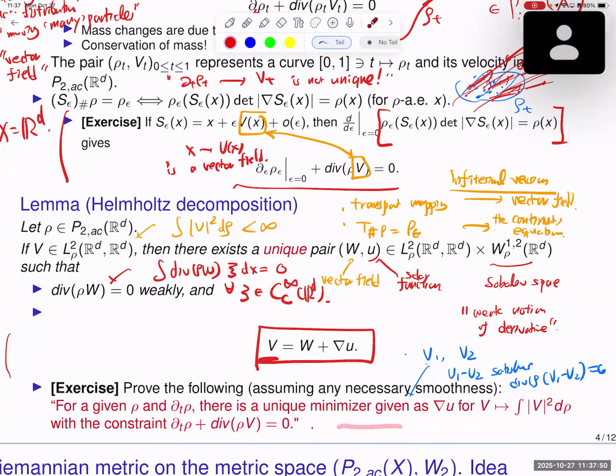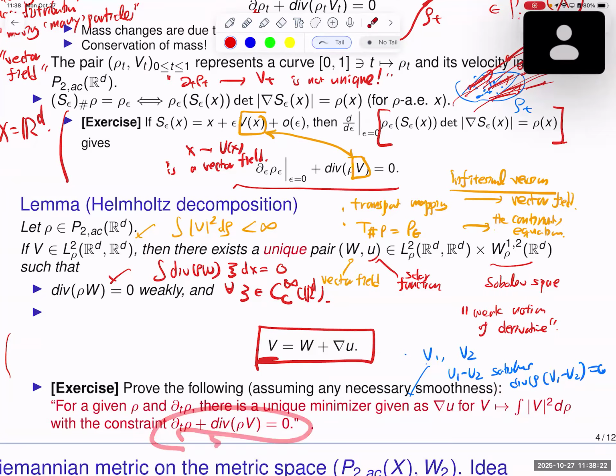such a unique vector field is given as the gradient of some function first, and second, it is given by the minimizer of this L2 norm. So you have many vector fields satisfying this equation.